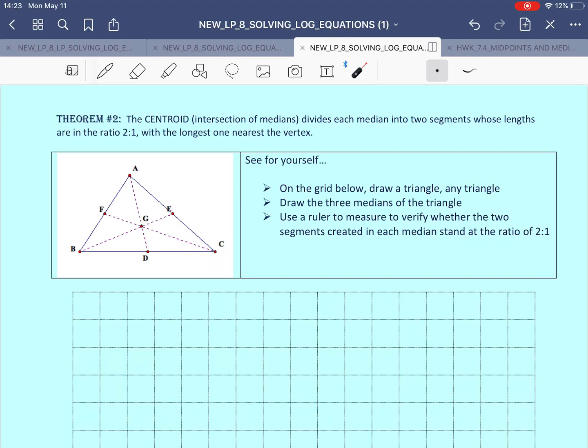Welcome back, everyone. The next theorem about the medians in a triangle concerns the centroid of a triangle, which is the intersection of medians.